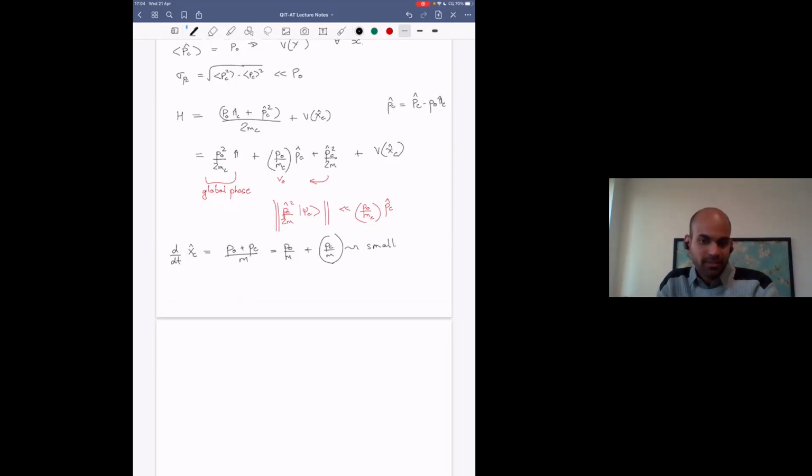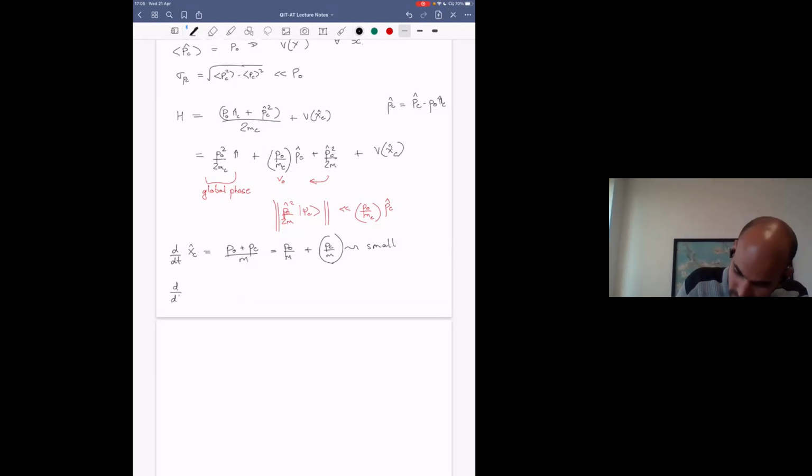So this means that, yes, our particle is not one with precisely constant speed, but the difference in the speed due to the fluctuating momentum is much smaller than the total speed due to just the average momentum, which is a very high number.